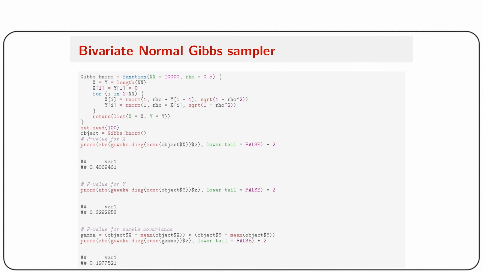Then convert that object into an MCMC object and pass it through the Geweke diagnostics, and that will give you the p-value. This is the p-value for y. Then the p-value for sample covariance you can calculate with gamma using this formula, and for the third component, the gamma_i that we defined earlier, the p-value is 0.19.